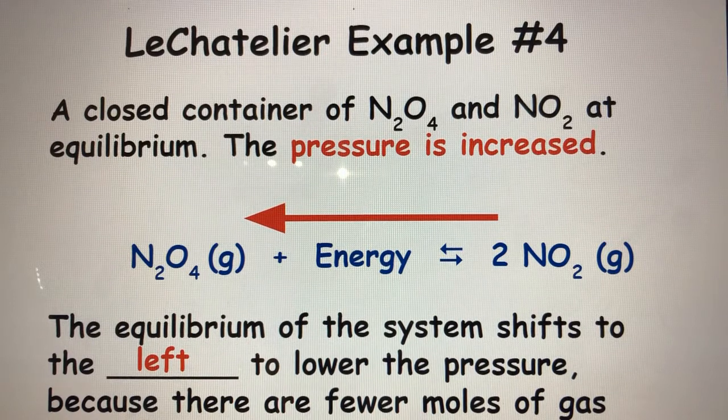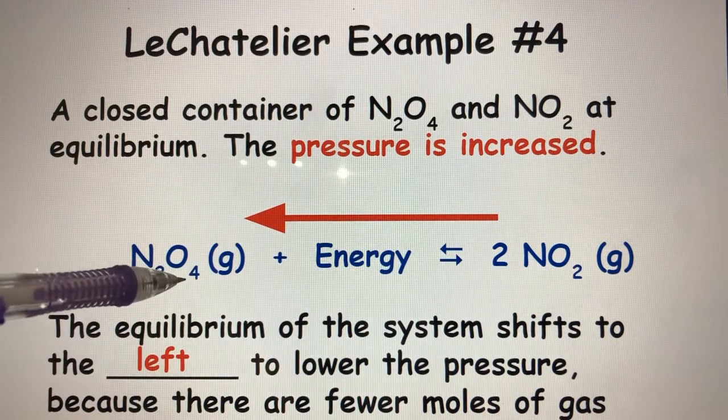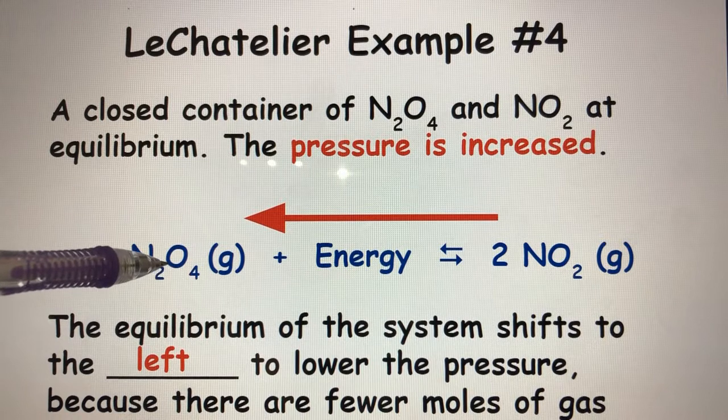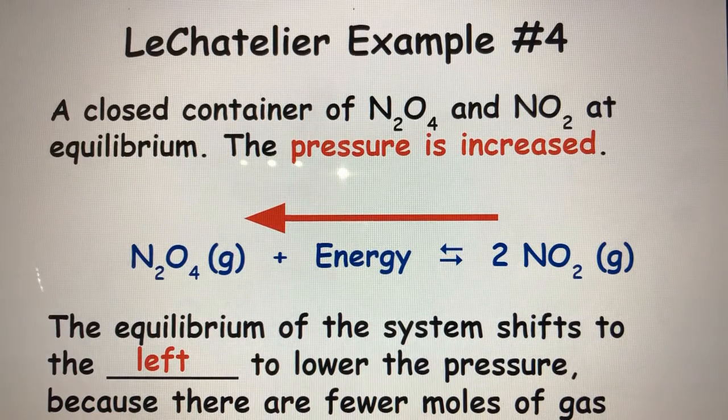When pressure is involved, the equilibrium is going to shift towards the side with fewer moles of gas. 1 mole of gas here, 2 moles of gas here. There are fewer moles here. This is when pressure is increased. When pressure goes up, equilibrium shifts towards the side with fewer moles of gas. 2 moles here, 1 mole here. It's going to shift to the left.